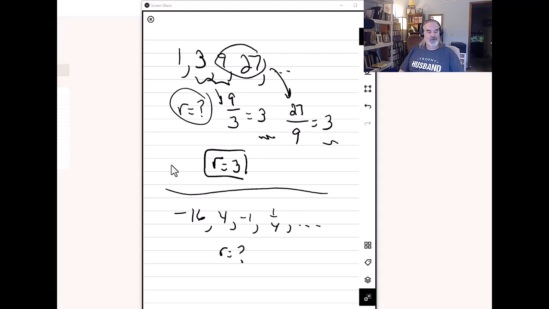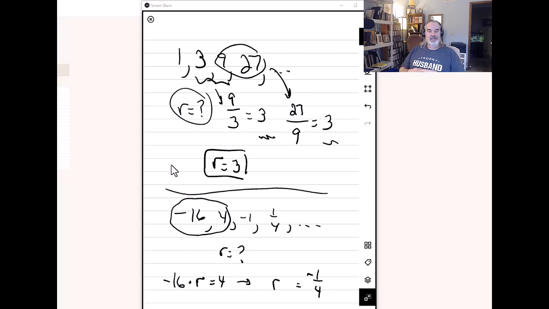For example, if I grab this 16 and the -4, the idea here is that we would take the 16, we would multiply it by this mystery ratio, and we would get -4. What number can we multiply by 16 to produce a -4? Well, certainly there has to be a 1/4 in there, because 16 times 1/4 is the 4, but there's also the fact that the 16 was positive, but the next number is negative.